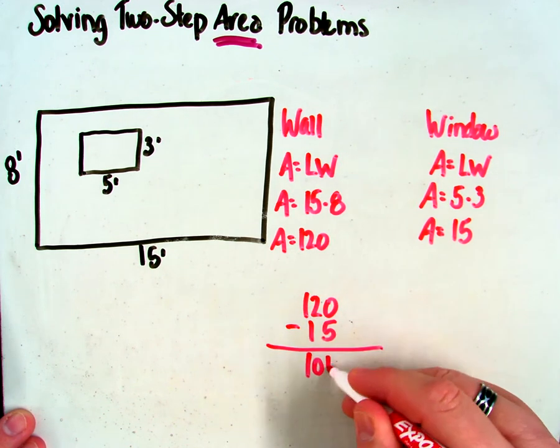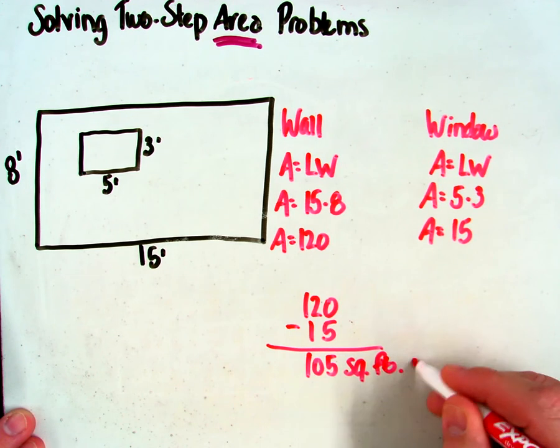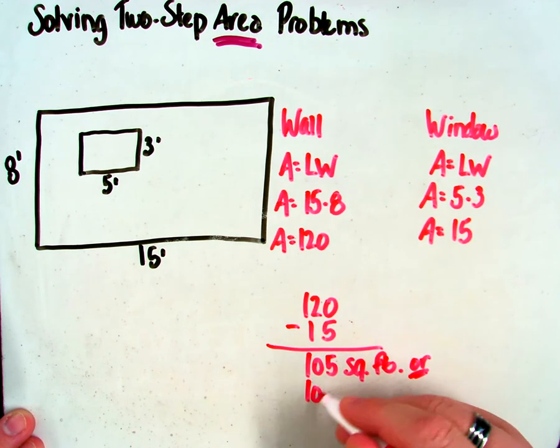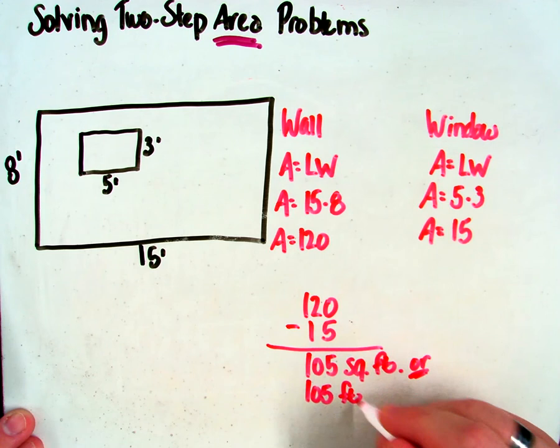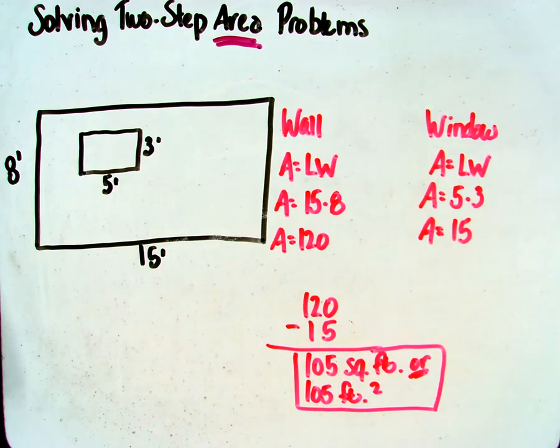That's going to give us 105 square feet, or 105 feet squared. Brandon, it's an either-or situation. Yeah, you could say 5 times 3 or 3 times 5. You're still going to get the same answer.